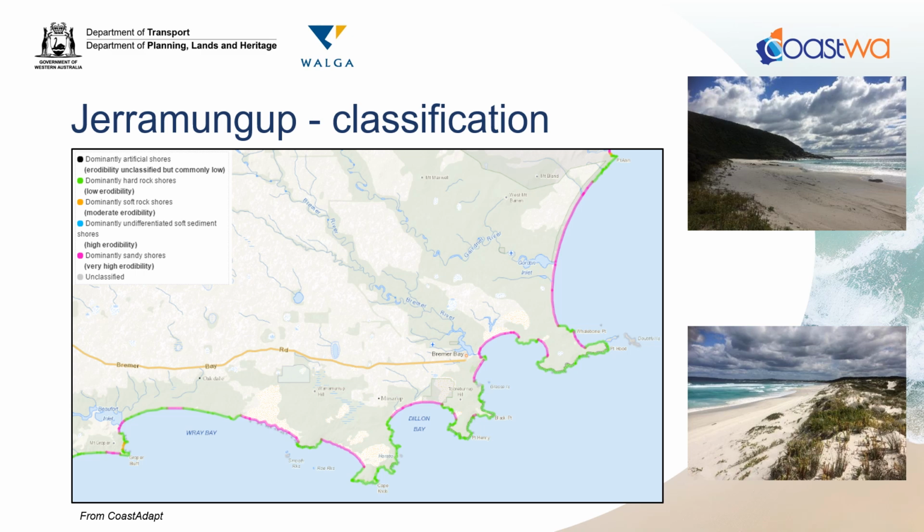We can see we've got sections of hard coast on those headlands, along with some sandy beaches in between. The photographs on the right-hand side show this, where we've got these rocky outcrops, and then very sandy shoreline bays, sandy beaches with sand dunes in behind. So again, the shoreline had to be classified into those different types, and the assessment was different for each.